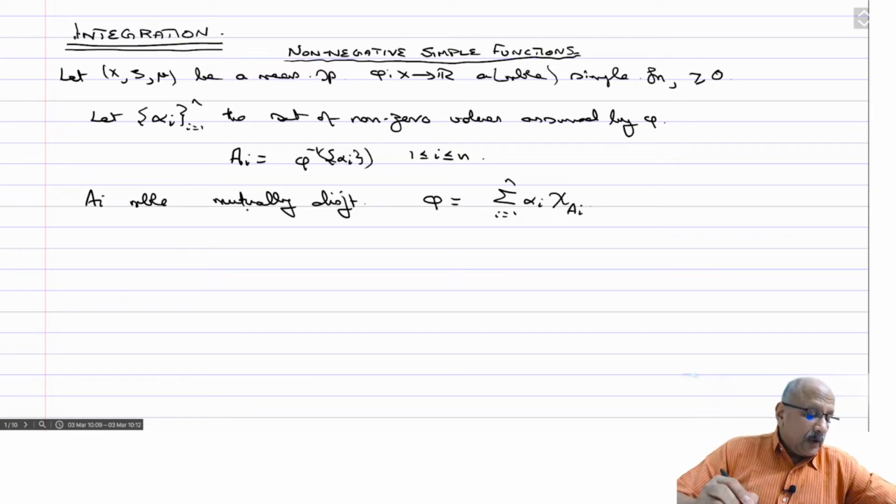Okay, so in order to define the integral, we are going to imitate what we did in the case of the Riemann integral.